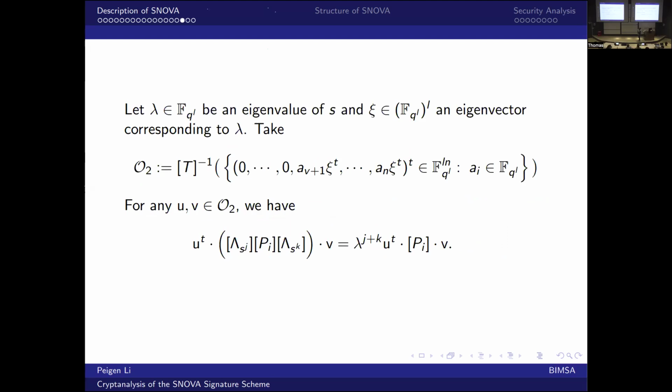Let lambda be an eigenvalue of S, and let k be an eigenvector corresponding to lambda. Just take O2 of this form, then for any u, v belonging to O2, we have this formula, because k is a common eigenvector of S_i and S_k.